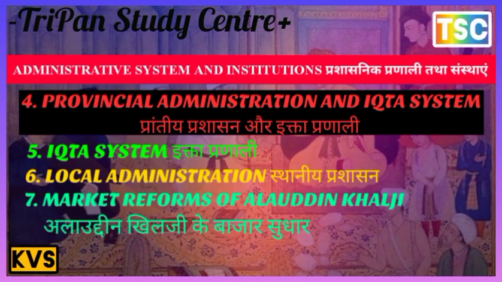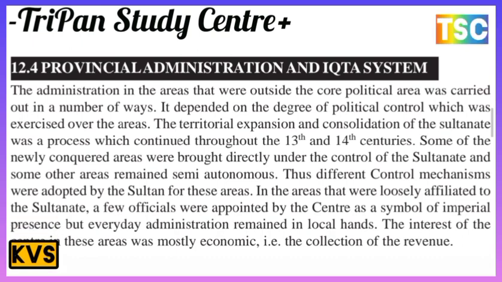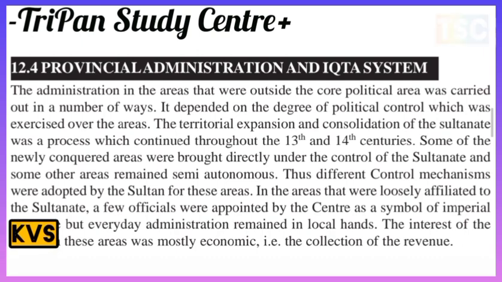The administration in the areas outside the core political area was carried out in a number of ways. It depended on the degree of political control exercised over the areas. The territorial expansion and consolidation of the Sultanate was a process which continued throughout the 13th and 14th centuries.